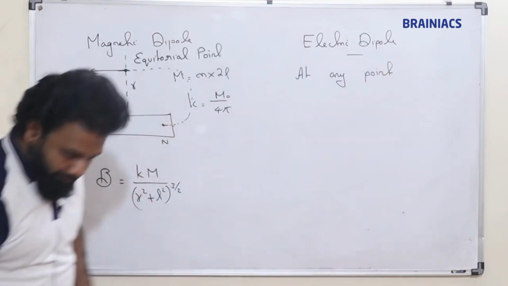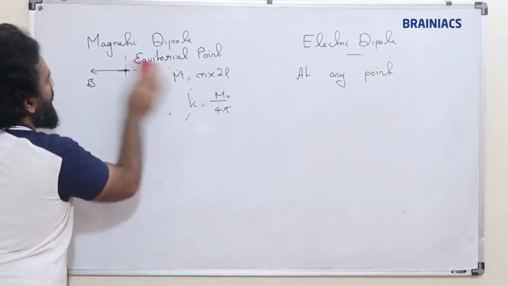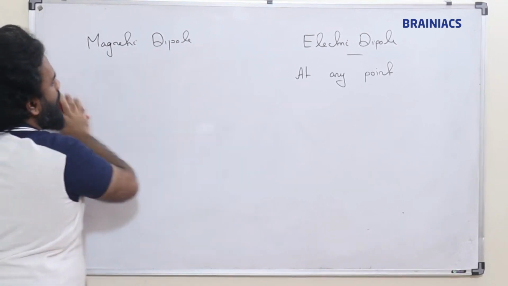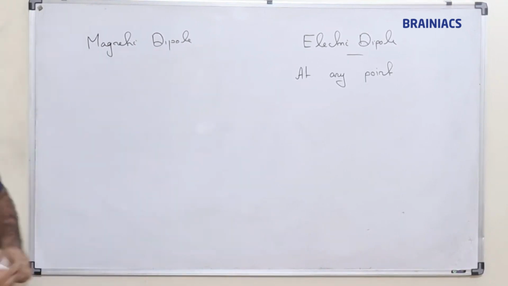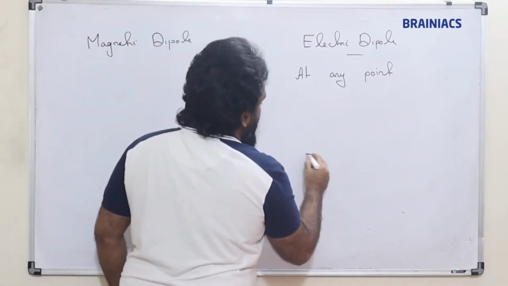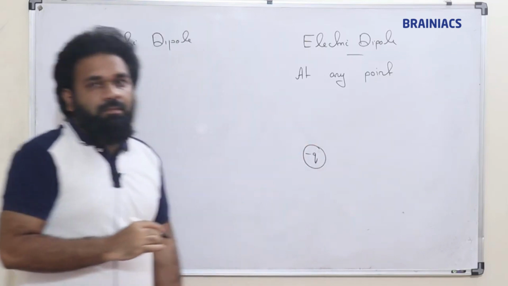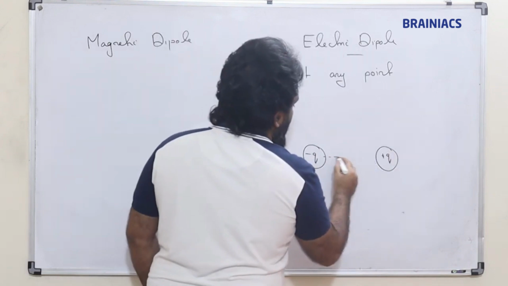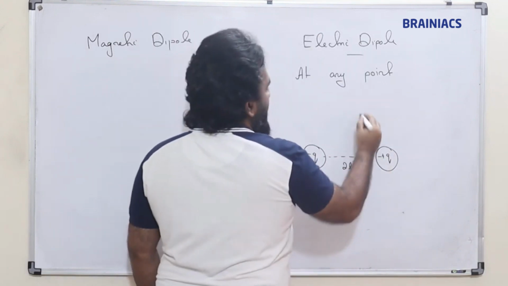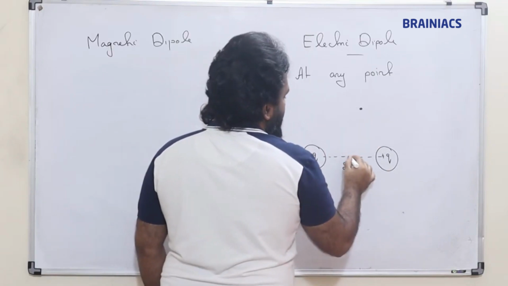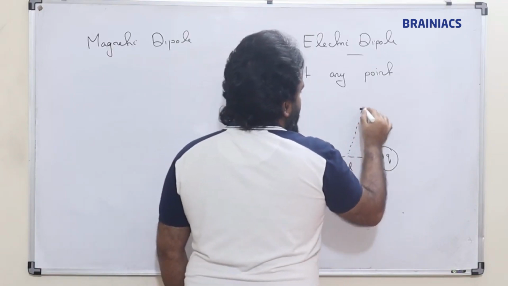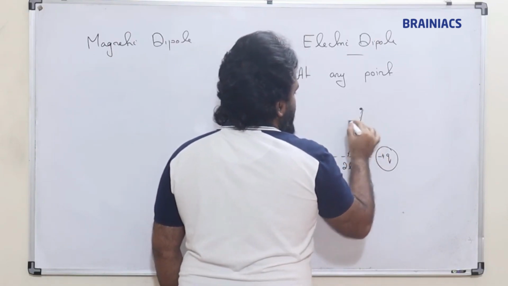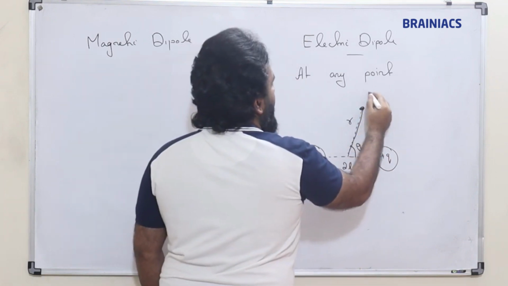Suppose charge minus q and plus q, and they are at a distance 2L. If we consider some point, from the center of the dipole at an angle theta at a distance r, here what is the electric field?